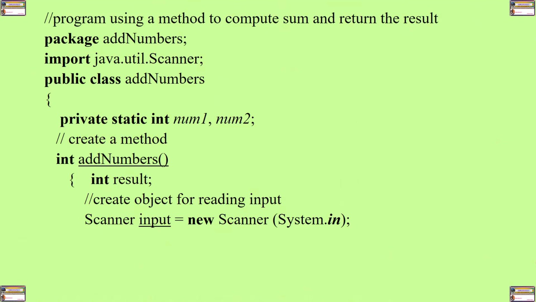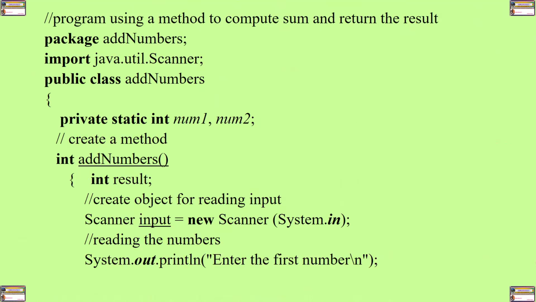Then we can create an object for allowing us to read the value that is going to be entered by the user, and this object is input, of type Scanner. From there, we read our numbers. So we display the statement, enter the first number, on the screen, and the cursor is going to be taken to the next line. Then we read the value. So the user types a value.